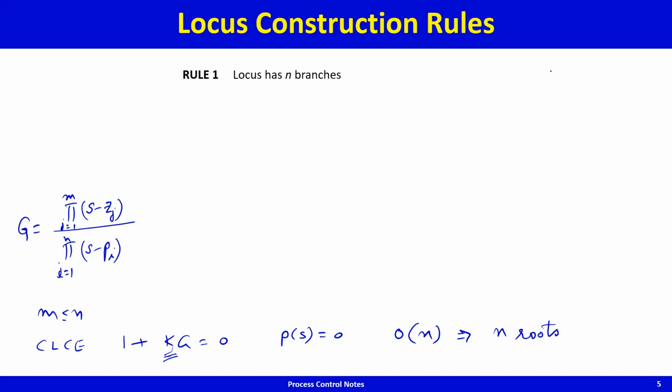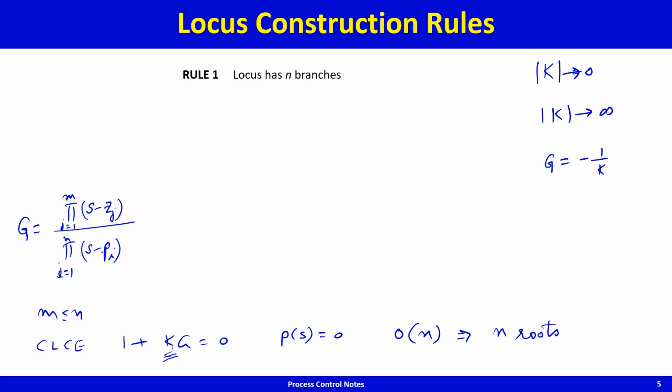Now the root locus starts at magnitude of k equal to 0 and it ends at magnitude of k going to infinity. Now you can see, in the closed loop characteristic equation, if k goes to 0, g must go to minus infinity, and g will go to minus infinity when s is equal to p.